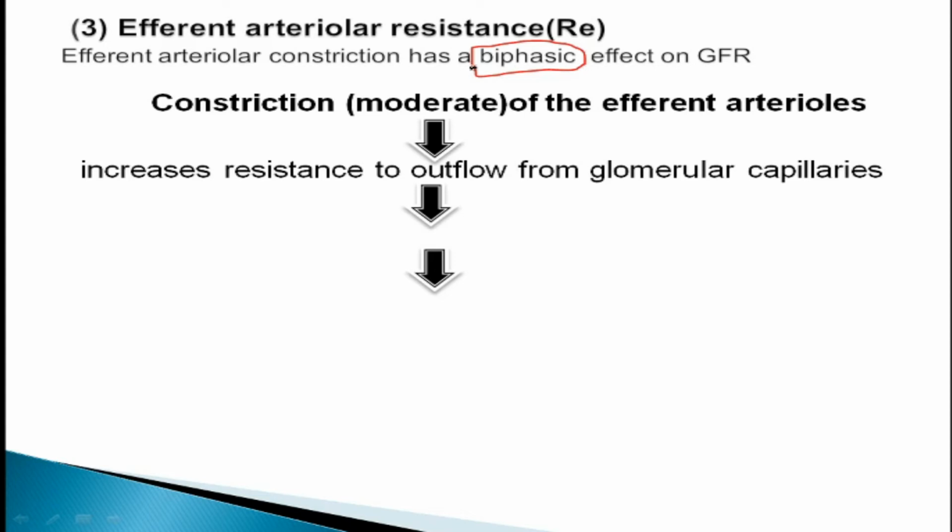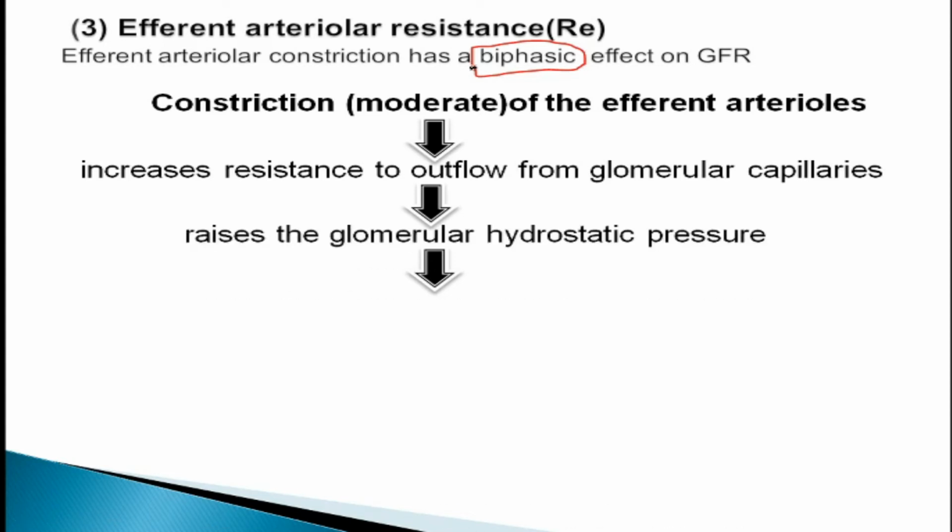The blood will move out of the glomerular capillaries into the efferent arteriole, but the flow rate will decrease. Outflow from the glomerular capillary will decrease, as a result of which the blood will keep collecting in the glomerular capillary and slowly move out of the efferent arteriole.